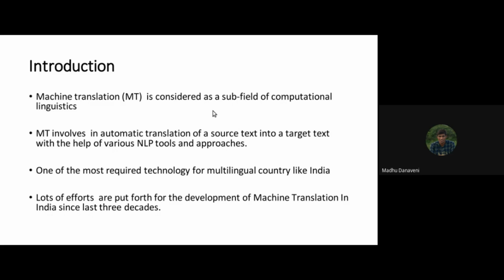In Telugu itself we have three kinds of dialects, so there is a huge gap to fill. Basically, there is scope to build machine translation for visual language as well. That's what I want to say. Lots of efforts have been put forth for the development of machine translation in India over the last three decades.